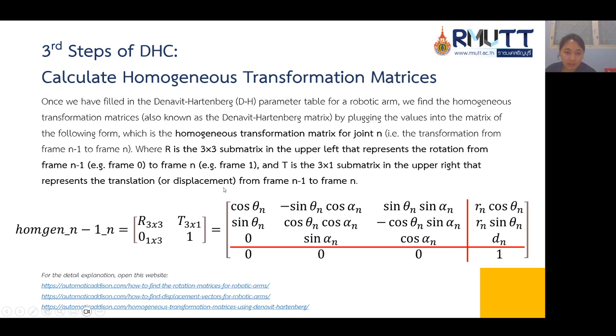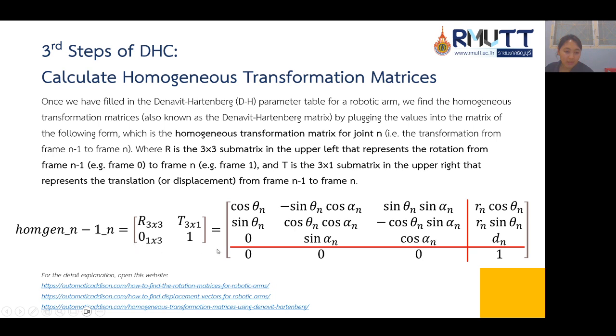Once we have filled in the Denavit-Hartenberg parameter table for our robotic arm, we find the homogeneous transformation matrix, also known as the Denavit-Hartenberg matrix, by plugging the values into a matrix of the following form, which is the homogeneous transformation matrix for joint N. In other words, the transformation from frame n-1 to frame n.